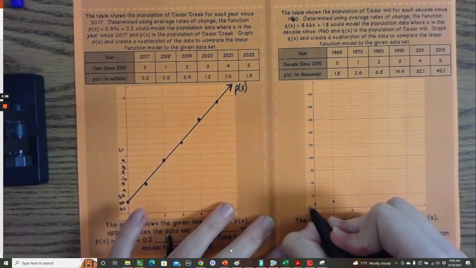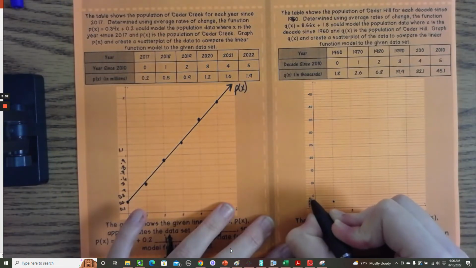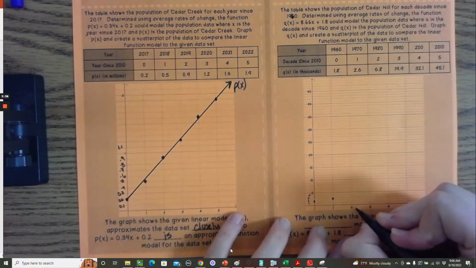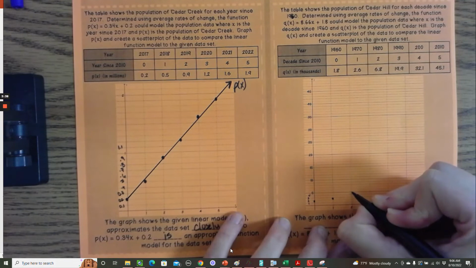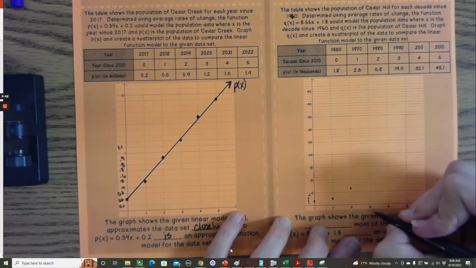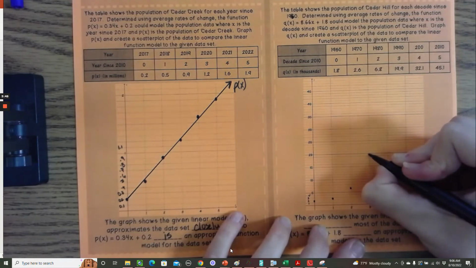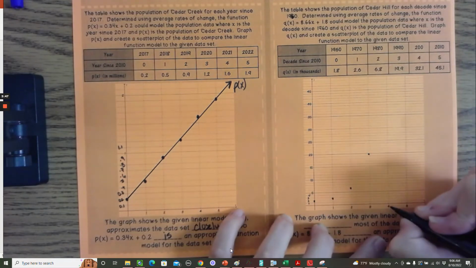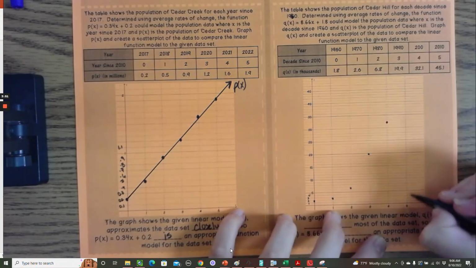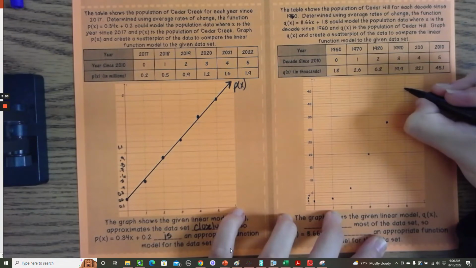Again, if you label 1, 2, 3, 4. Again, it's real small. I apologize for that. 2 is 6.8, so 5, 6, 7, so in between there. 3 and 19.9, so almost to the 20 line. 4 and 32.1. 5 and 45.1.